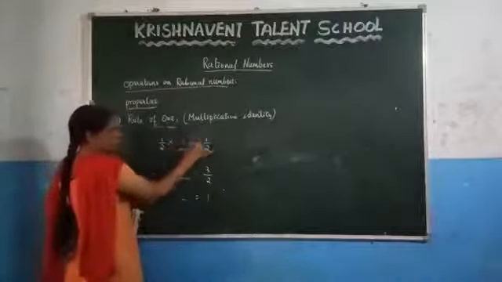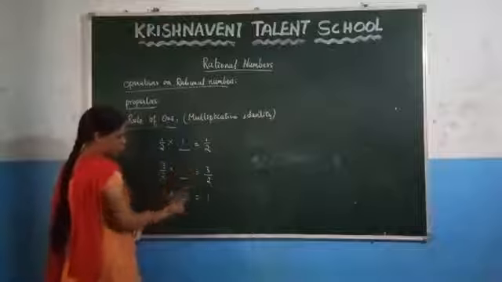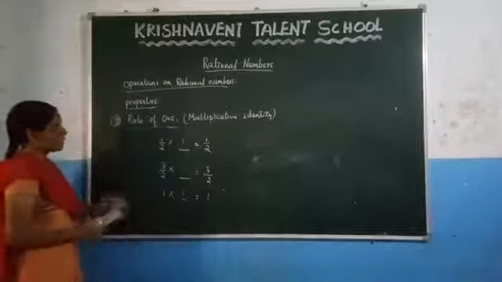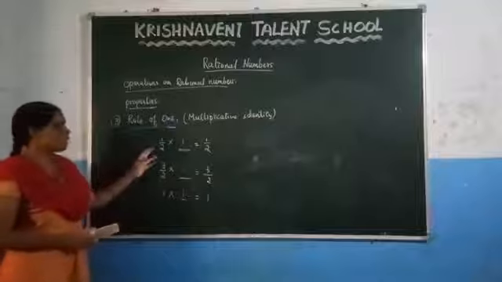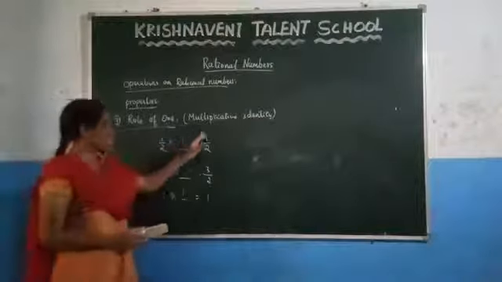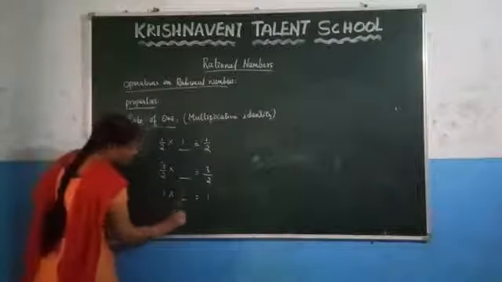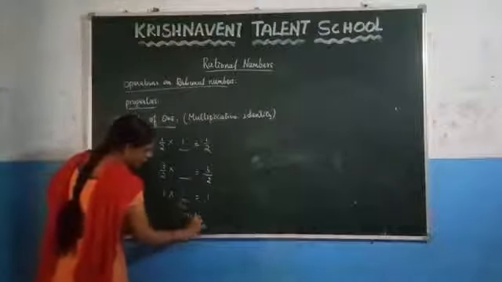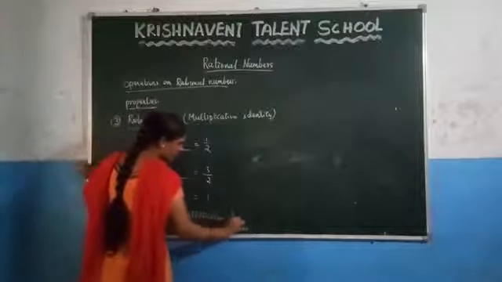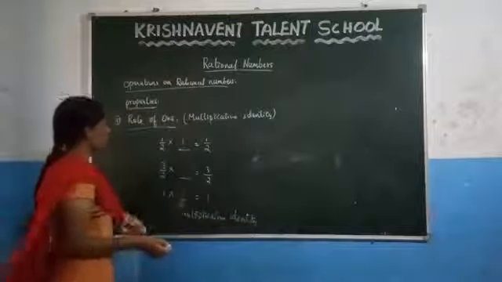1 by 2 into 1 is always equal to 1 by 2, and 3 by 2 into 1 is equal to 3 by 2. 1 into 1 is equal to 1. So if you consider any rational number and multiply it with 1, you get the same number as the result. That 1 we call a multiplicative identity. How do you define it?